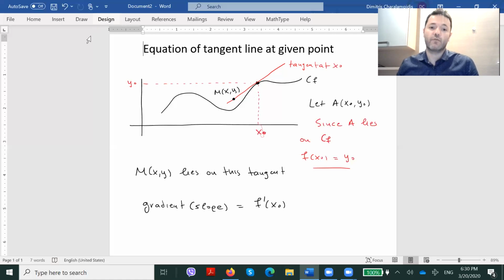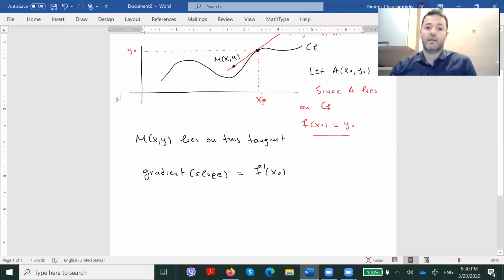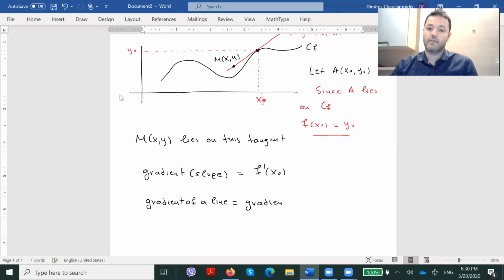But we know from earlier years that the gradient of a line is equal to the gradient formed by 2 points of the line.